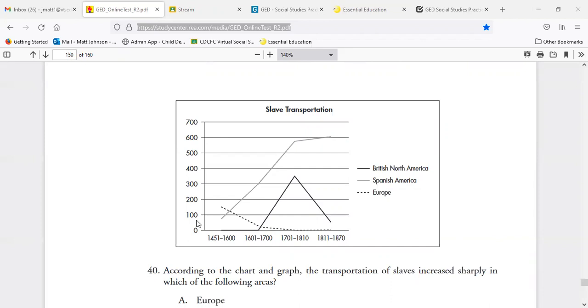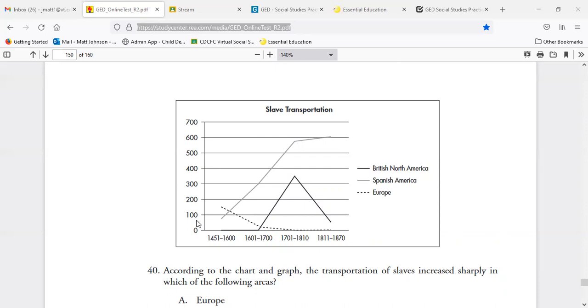of those slaves. They're not giving the real value there, it's saying 100, 200, 300, 400, which I think is also in the thousands. And we're seeing how that transportation worked over time, right? So our horizontal line at the bottom is our time, and the vertical one is showing our numbers.